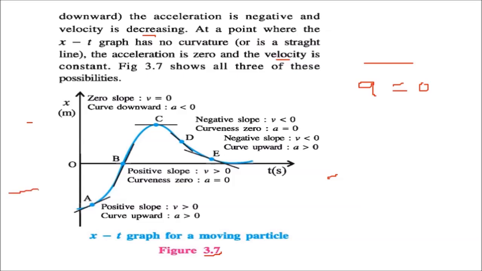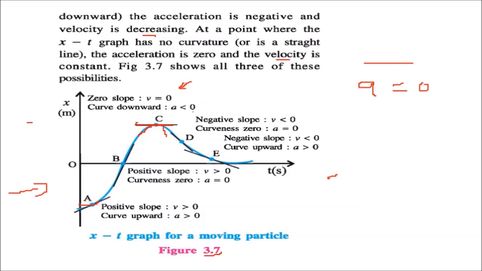Let me remind you again: when we have concave up, with a positive slope, v is greater than 0 and acceleration is greater than 0. A positive slope always means velocity is greater than 0, and the curvature is 0 because it is a straight line.